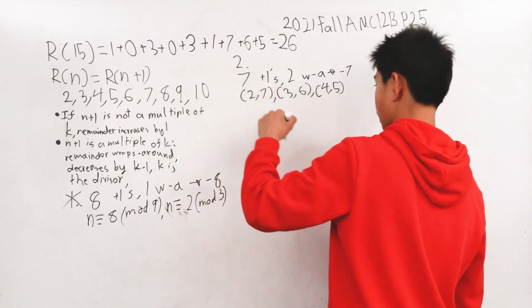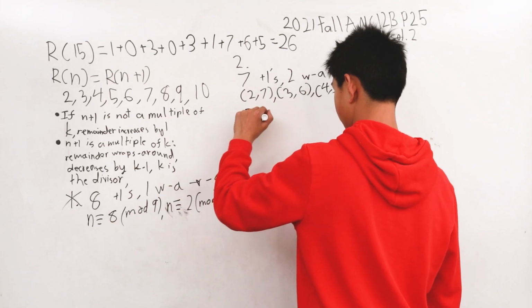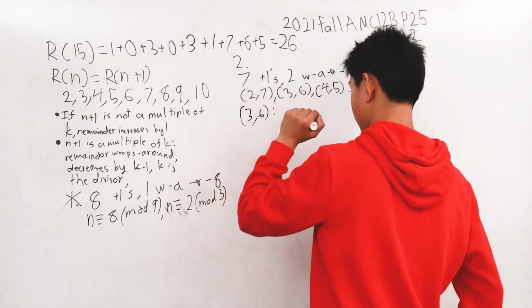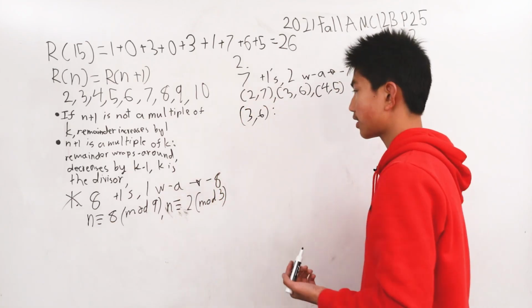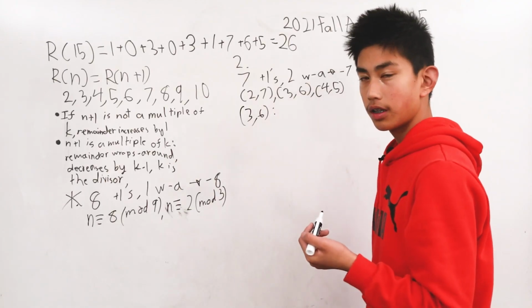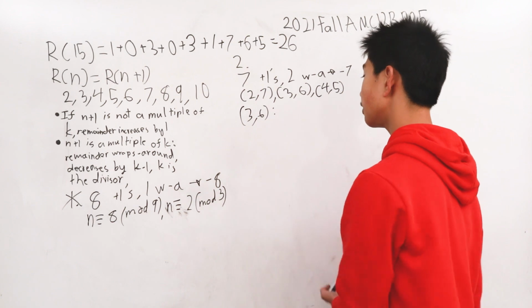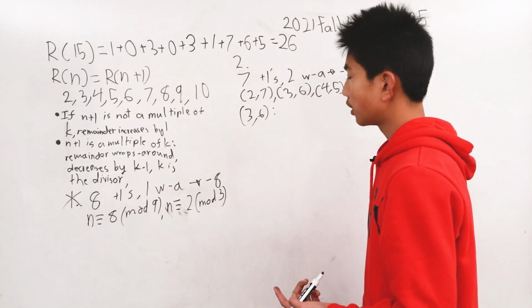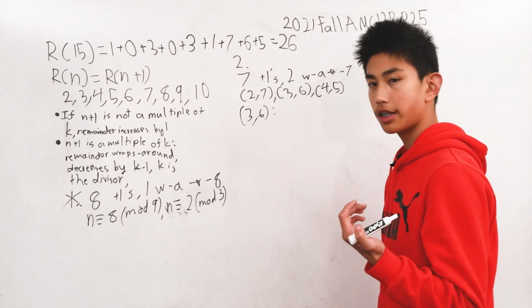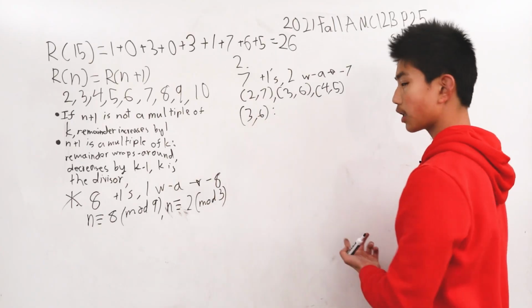Let's go with 3, 6. Just a forward note, if you're dealing with pairs of numbers, the modulo it's going to be congruent to is negative 1 for one or both numbers.